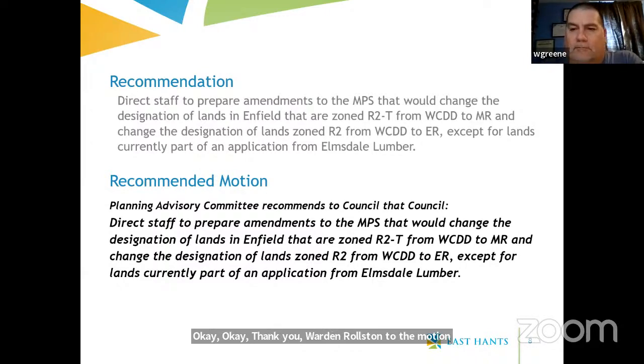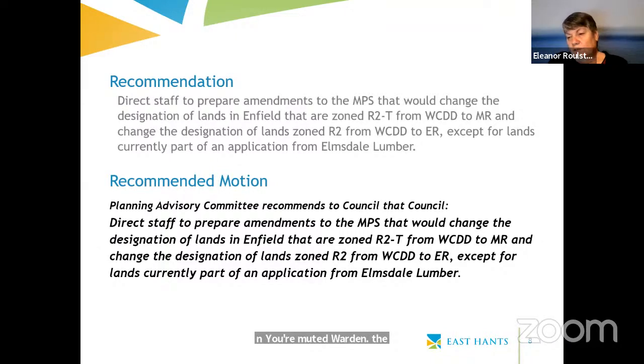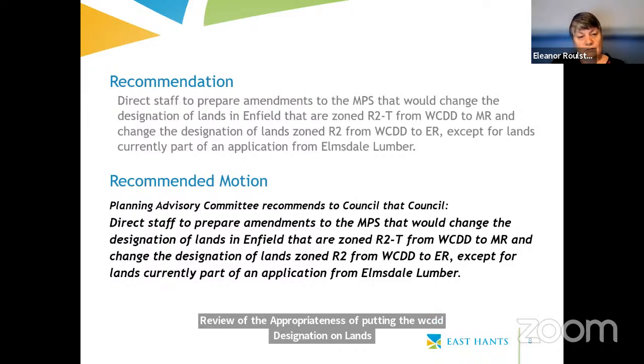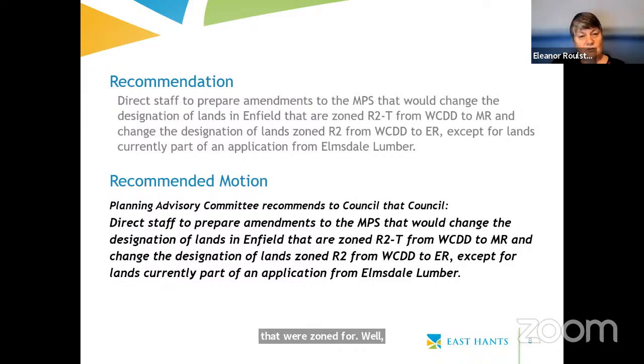Warden Rolston, to the motion. You're muted, Warden. This motion removes one small portion, but my understanding of the intent of the request was a little bit different. I understood it to be a review of the appropriateness of putting the WCDD designation on lands that were zoned R2 or R2T.